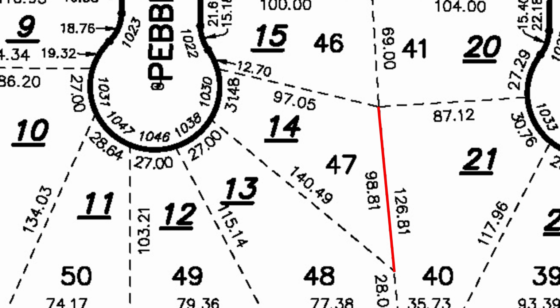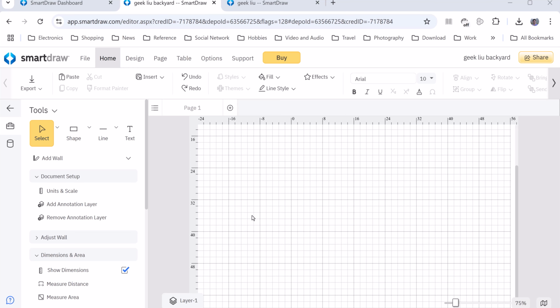Now we can see when I download this plat map and zoom in, we can see my backyard. This red boundary line matches the previous image. Now we can see what the length is. It is 98.81 feet.